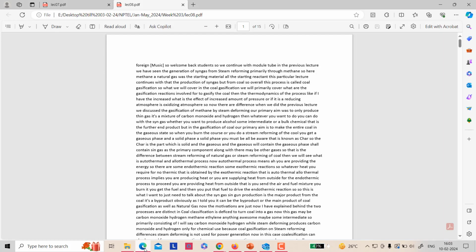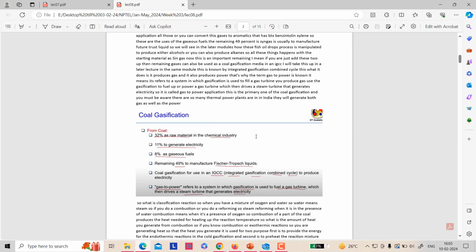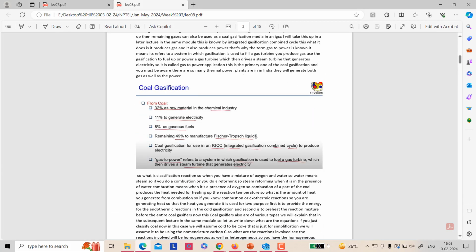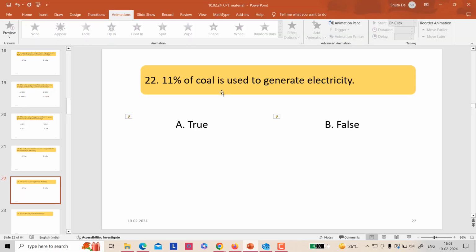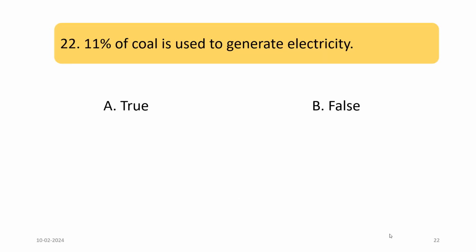Yes, it is true, because there are other percentages also in other applications. 32% is used in the chemical industry, 11% is used to generate electricity, and 8% is used in gaseous fuels. So here the answer will be true.